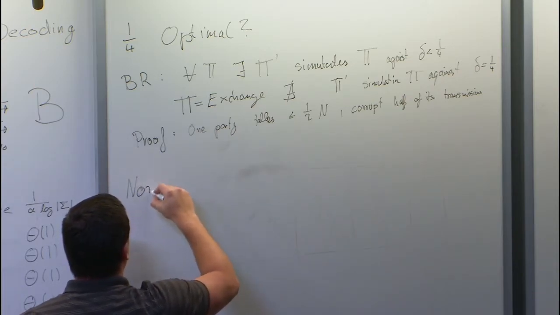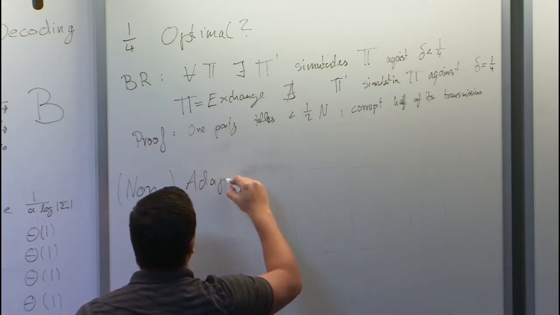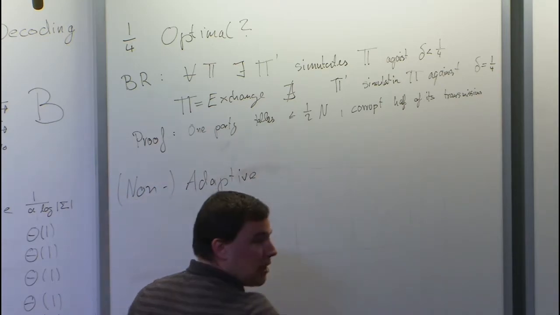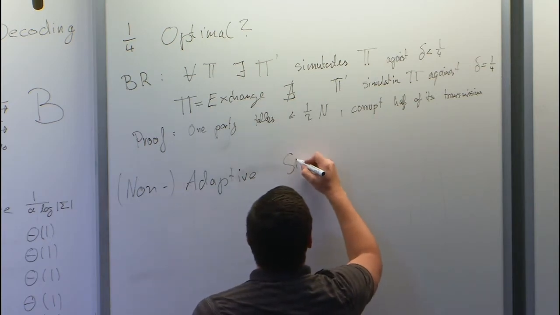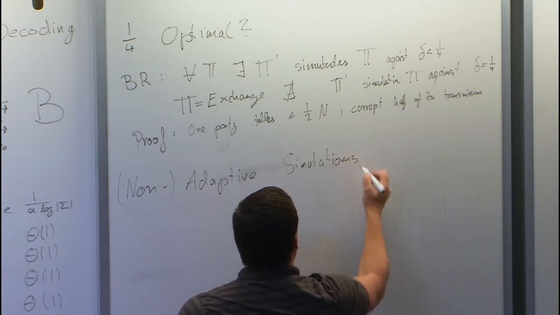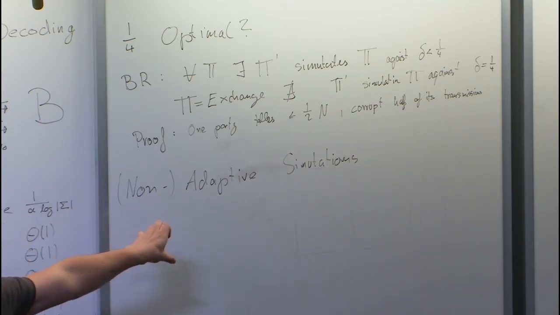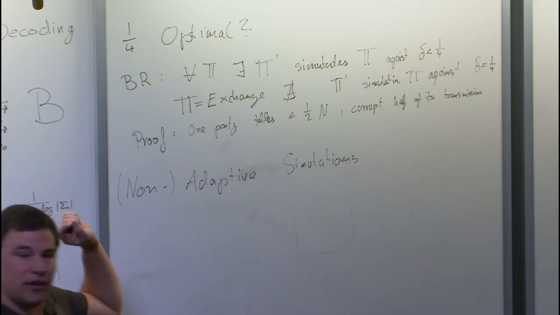So we have non-adaptive, and obviously, if you have non-adaptive protocols, there are also going to be some adaptive protocols. And as Anum said, non-adaptive was, or is, the standard model in which all of these questions were studied, right?